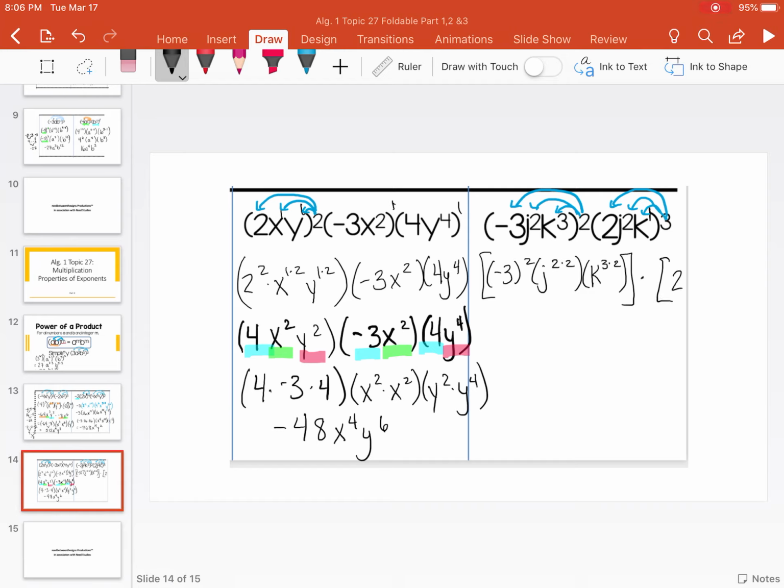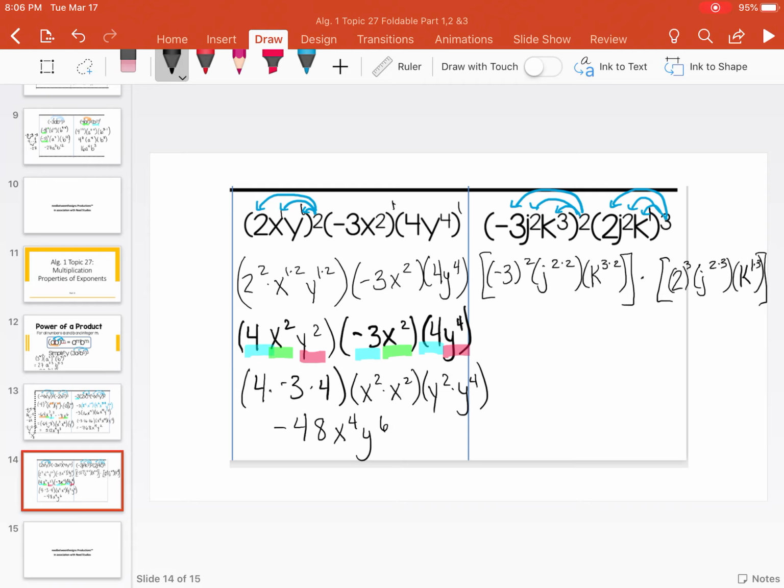Next, we're going to have 2 to the 3rd and j to the 2 times 3 and k to the 1 times 3. Okay, if we have, just going straight across, negative 3 squared, that's negative 3 times negative 3.